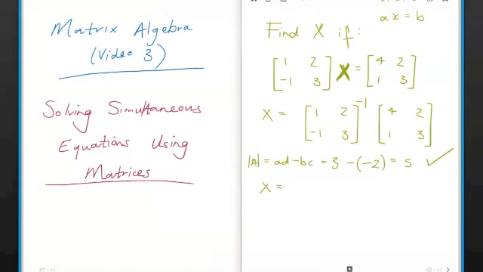So that means that X equals, now if you remember our swap and minus, we swap A and D, 3 and 1, and B and C stay where they are, but we have the negative of them, minus 2 and 1, and then we divide all of these by 5. And so that is the inverse multiplied by 4, 2, 1, 3.